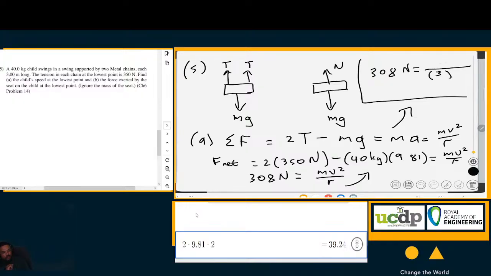The velocity is squared, and we want the velocity. The mass of the child is 40 kilos. So if we solve for v, we get 4.81 meters per second. So 4.81 meters per second is how fast the child is going at the lowest point.